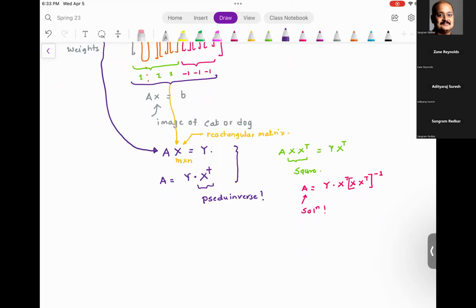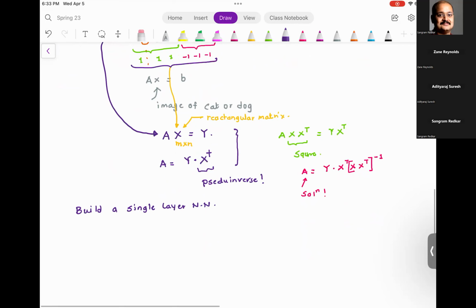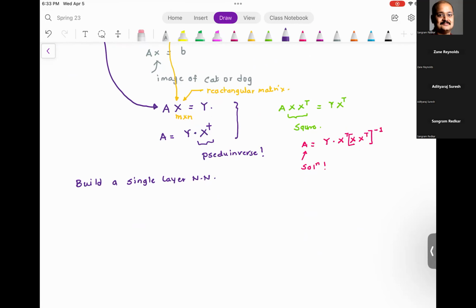So this is the simplest way to build a single layer neural network. I will actually show you a very simple example.